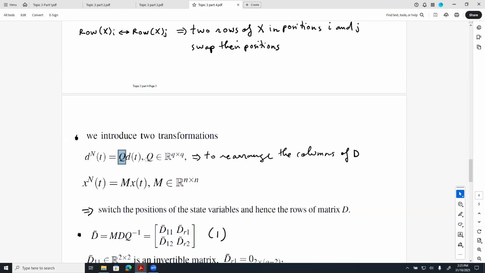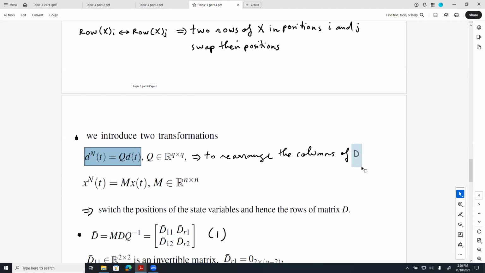And so here we get this transformation. What it really does is swap the positions of the columns of matrix D. Now remember, we only swap the q minus 1 columns, because the first column corresponds to the unknown input d1 of t, and we want to estimate it. So it's always first there. But we rearrange the other columns.